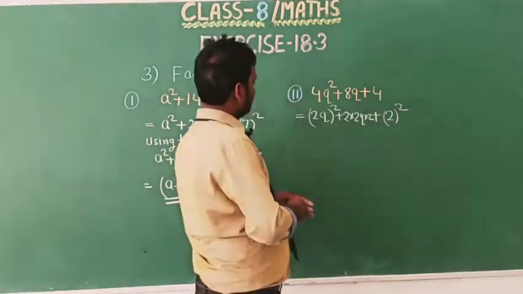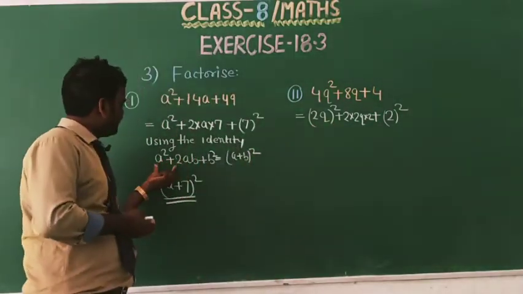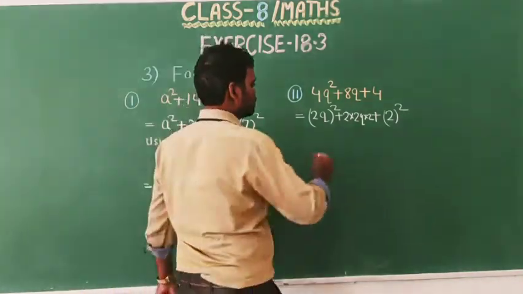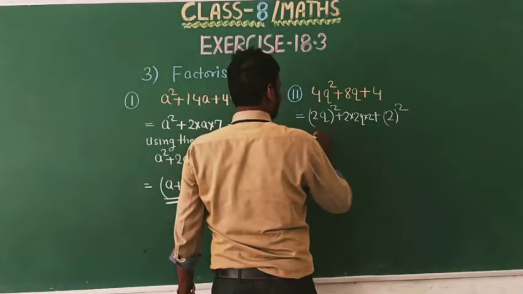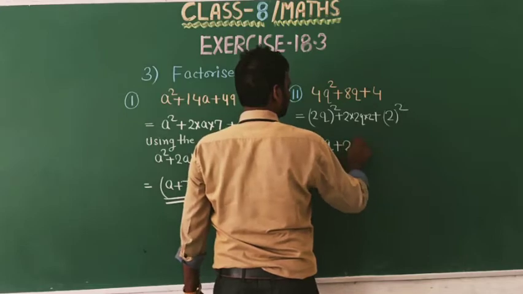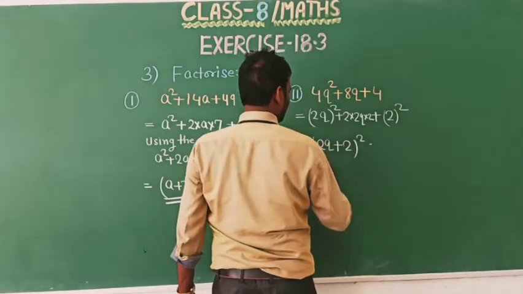Using the identity a square plus 2ab plus b square equals a plus b whole square, this becomes 2q plus 2 whole square.